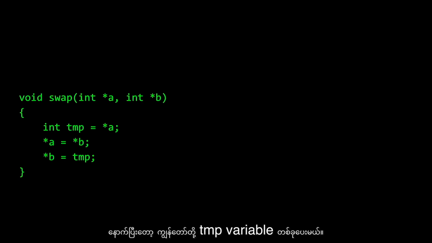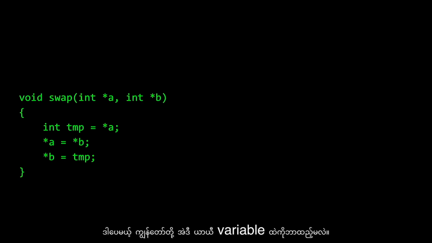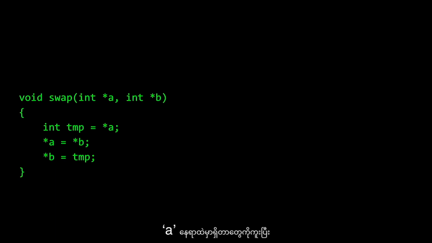Then what we do is we still give ourselves a temp variable, like an empty glass. It's still a glass, so we still call it an int. But what do we want to put into that temporary variable? We don't want to put a into it, because that's an address now. We want to go to that address, per the star, and put whatever's at that address. What do we then want to do? Well, we want to then copy into whatever's at location a, whatever is at location b's contents.